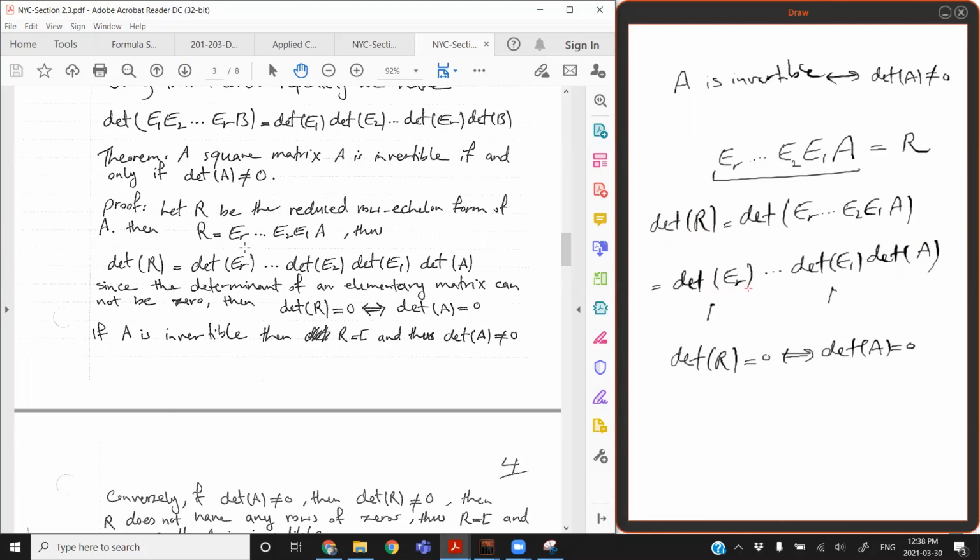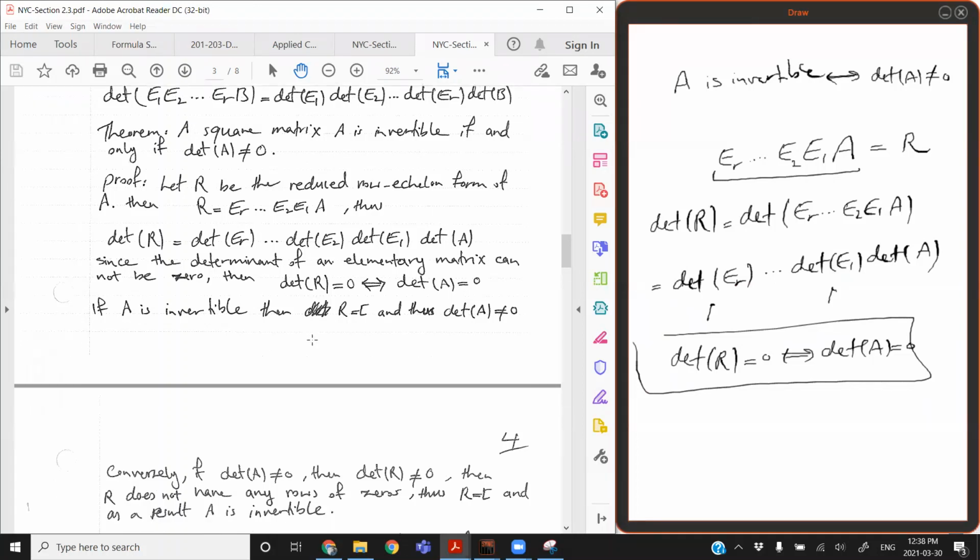They cannot be the elementary matrices. So it would be determinant of A that is 0. So far, it gives us this. Since the determinant of an elementary matrix cannot be 0, then we have this. Determinant of R is 0 if and only if determinant of A is 0.